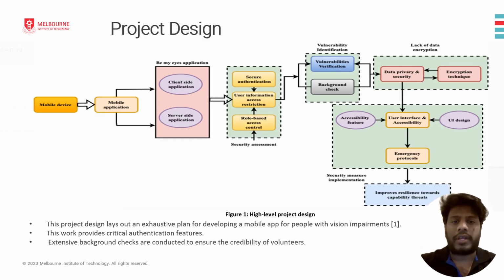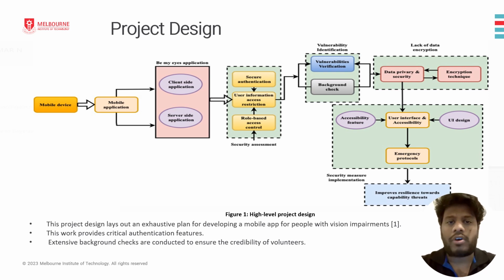Coming to project design, this is our high level project design, which is the architecture of a mobile application. The mobile application is used by two different kinds of users. One is volunteers who assist the visually impaired, and the other is visually impaired users who want assistance from the volunteers. Both users need to sign up by providing basic information.